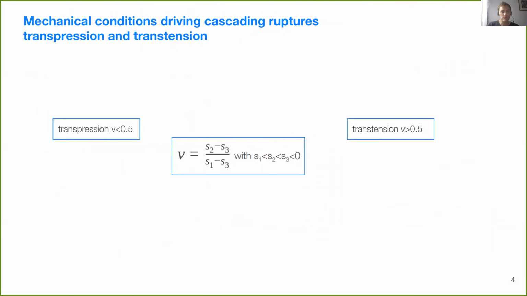So when modeling previous earthquakes, we've identified some mechanical conditions that may promote rupture cascading. One of them concerns the stress field, more particularly the stress shape ratio, which balances the principal stress magnitudes.